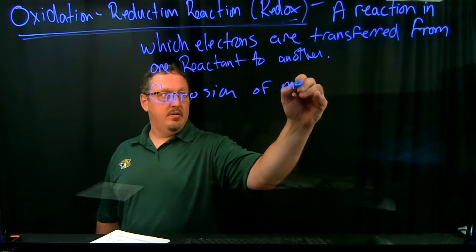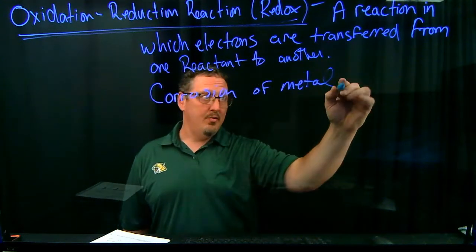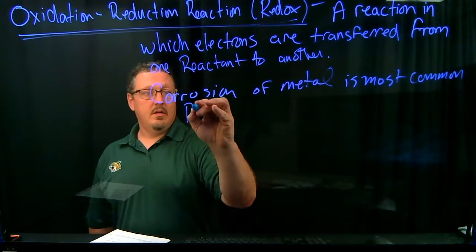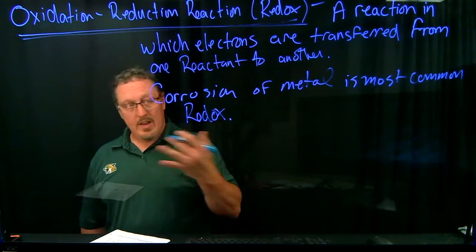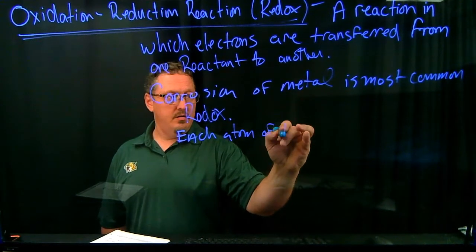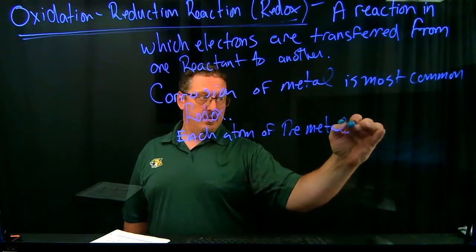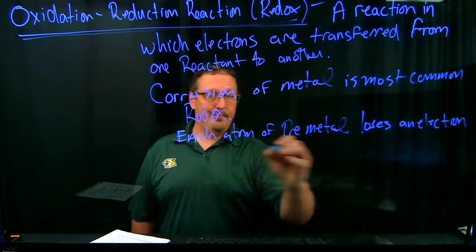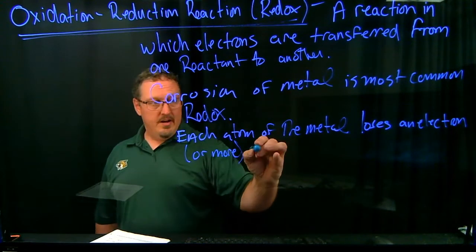So corrosion of metal is the most common place where this reaction happens. This is the most common redox reaction type, and so this is where we're going to start. Now, when this happens, each atom of the metal loses an electron, or more, because they can give away more than one electron, to form a cation.